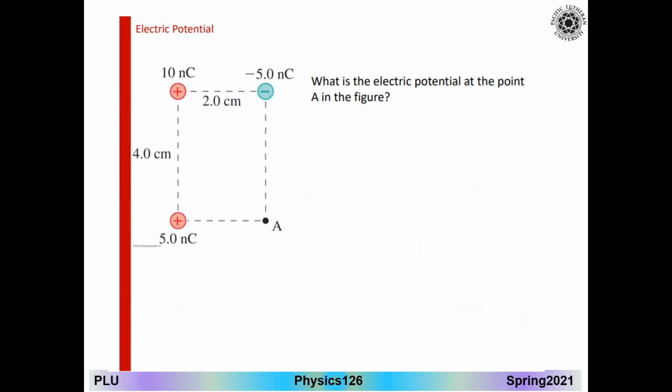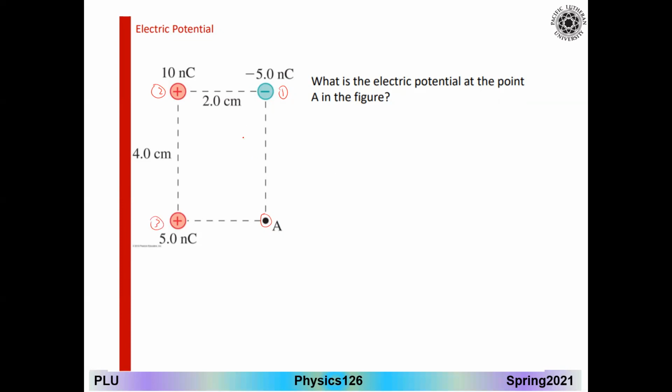Okay, let's see the situation when we have a couple of charges distributed around and they ask you to find the electric potential at a certain point. Right now they ask you to find the electric potential at this point. We have 3 charges, so let's number them: number 1, number 2, and number 3.